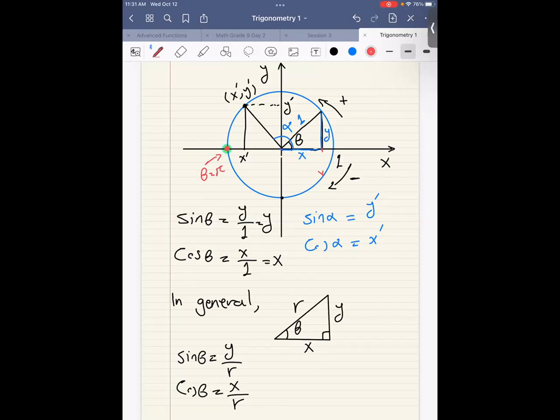Now just look at this plane, the Cartesian plane. What is the y component of this point on the plane? Theta is equal to pi. Y is 0.